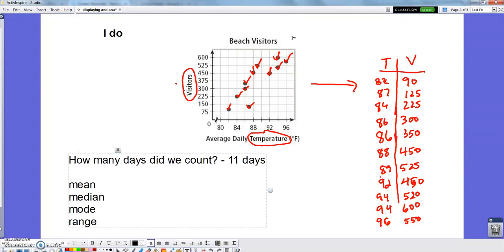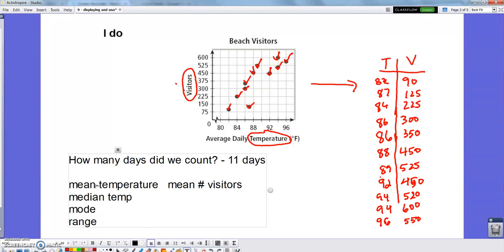And that gets a little weird to say, well, what am I talking about? Am I talking about the temperature, or am I talking about the visitors, like how many visitors? And the truth is, there would be both, right? I can find a mean temperature, and I can find a mean number of visitors. It's two different sets of data.